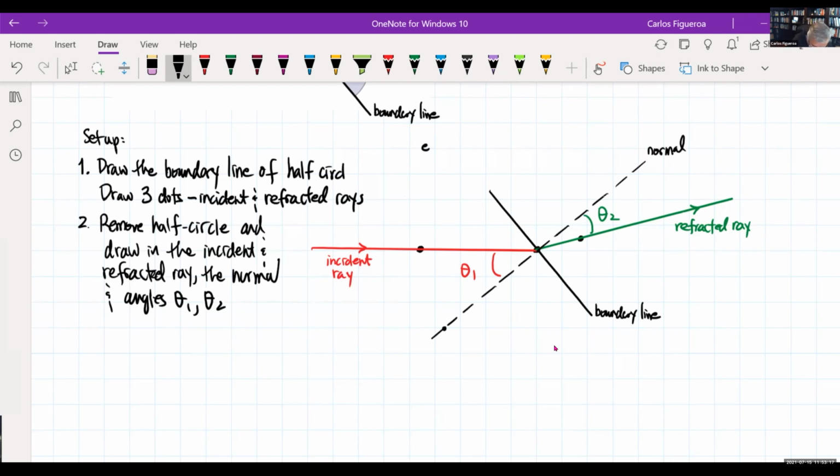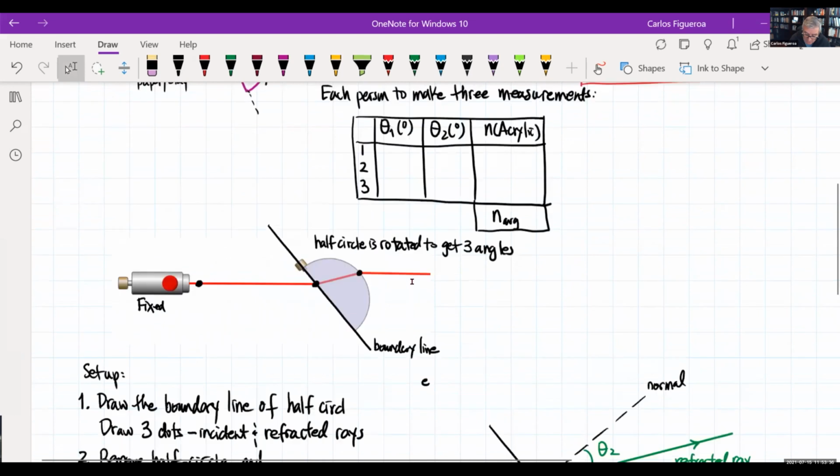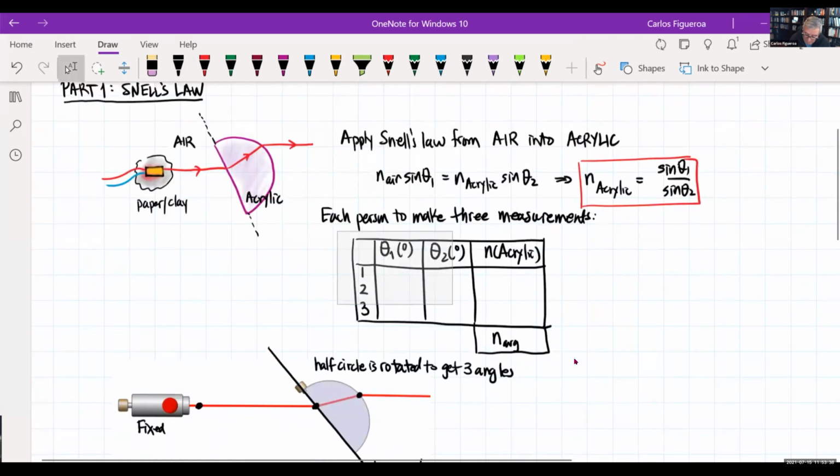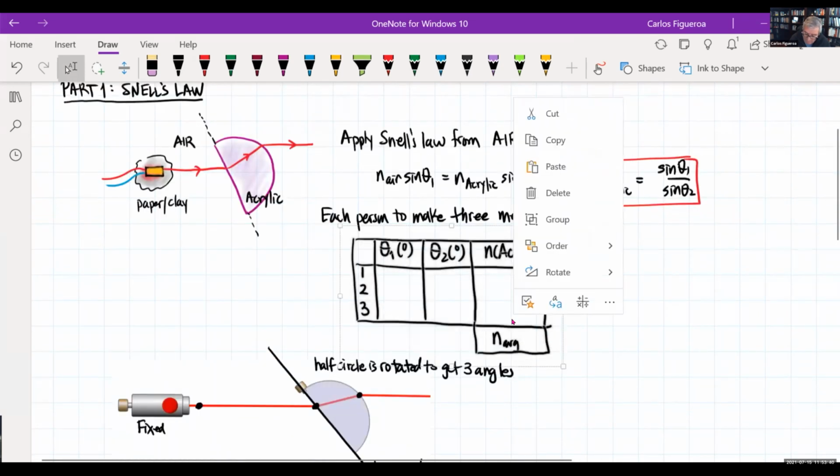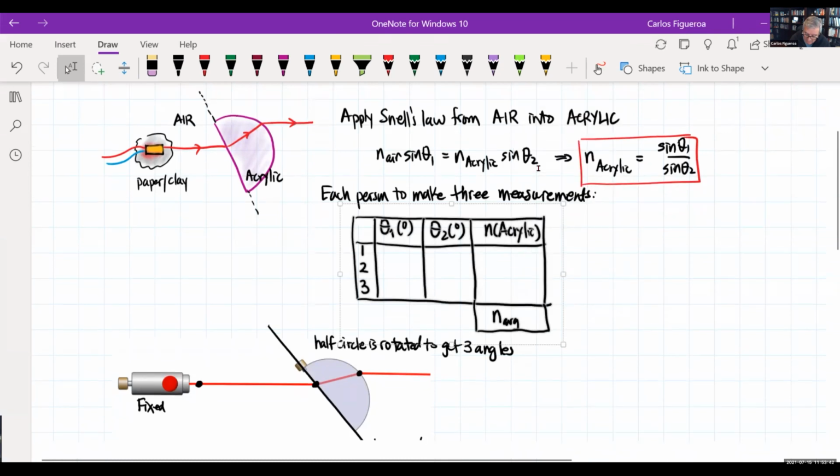Now what you can do is measure theta 1 and theta 2 using the protractor. Okay, so guess what? And then what do I want you to do? Put them into the table. Right? Put them into the table.